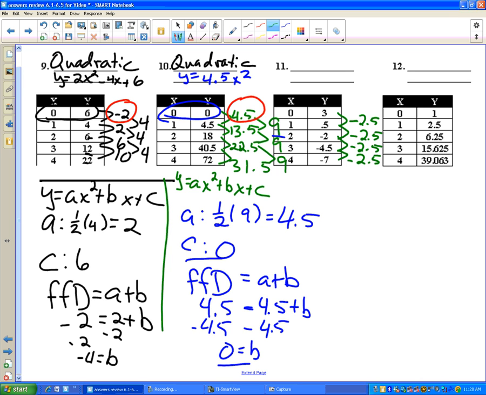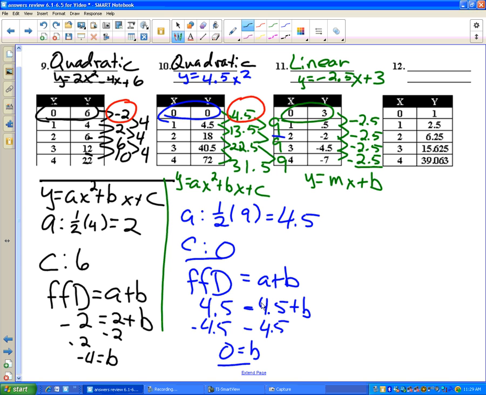My first differences are all the same, so this is linear. y equals mx plus b. My m is the first difference, so y is equal to negative 2.5x plus b. b is y when x is 0, so that's plus 3. There's my equation.